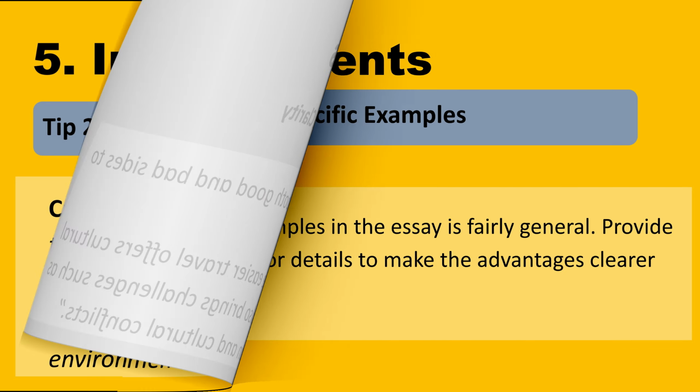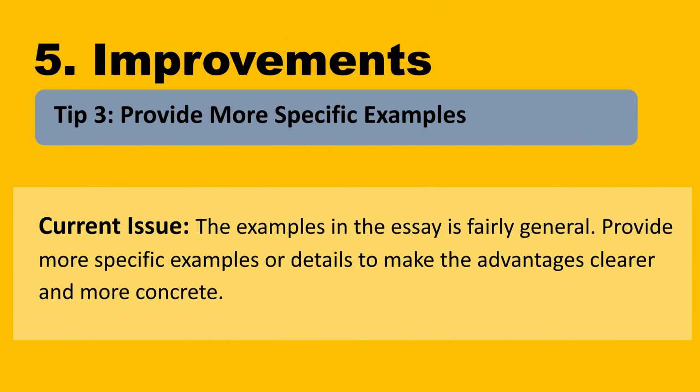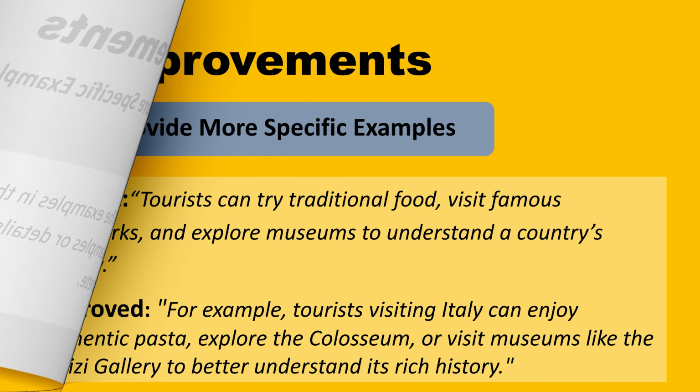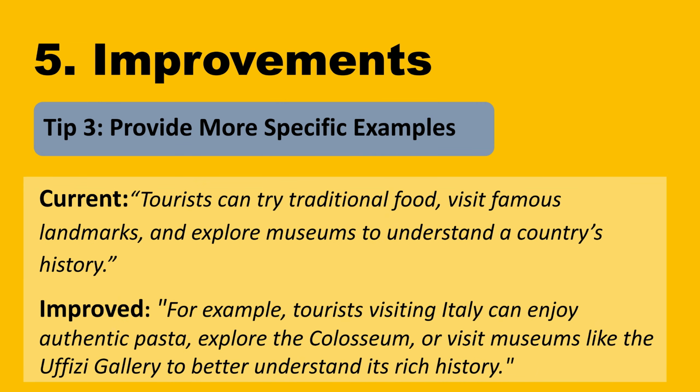3. More specific examples. Current issue: The examples in the essay are fairly general. Provide more specific examples or details to make the advantages clearer and more concrete. Improvement example.